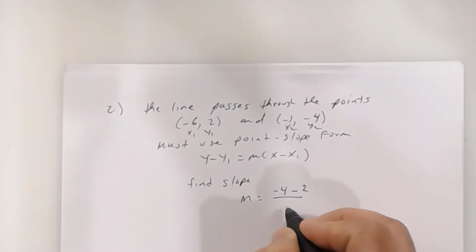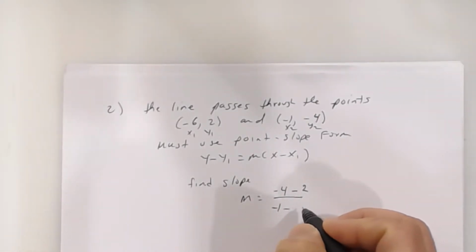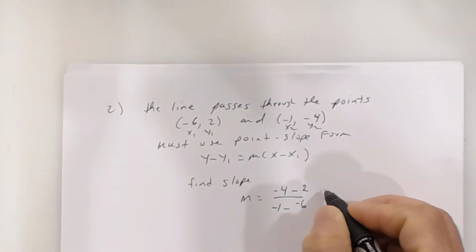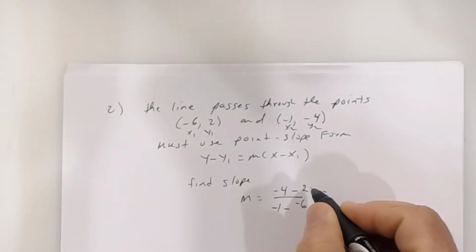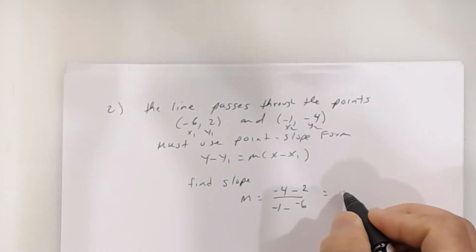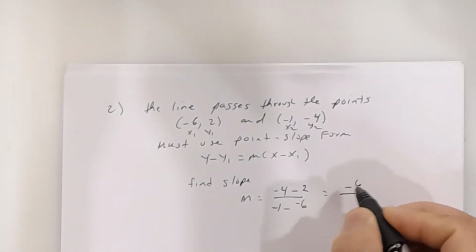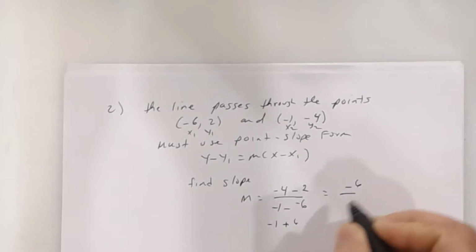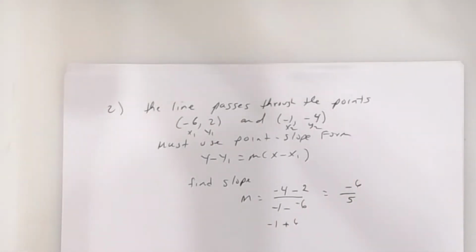What's x2? Subtract -6. All right. Now, what's a negative 4 and a negative 2? Negative 6. Now, in the denominator, this negative 1 subtract negative 6 really means negative 1 plus 6, which is what? 5. So there's my slope. So my slope is negative 6 fifths.